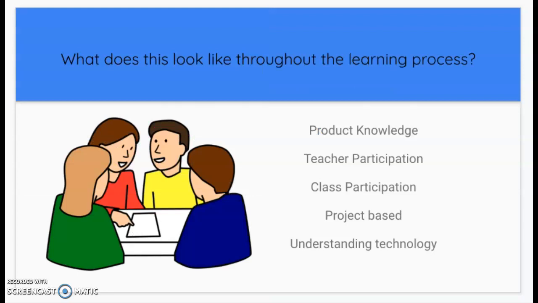So what does this look like throughout the learning process? There are a couple things that we can touch on, including product knowledge, teacher participation, class participation, project-based, and understanding technology as a whole. The process is where everything can get started. First, in order to teach, teachers must be taught, right? Most know how to use these platforms, but what about the specifics, the tools, things and tricks that teachers can use to assist these students?